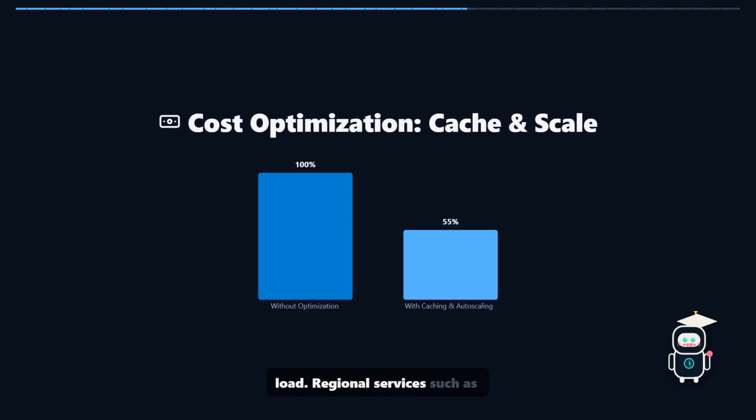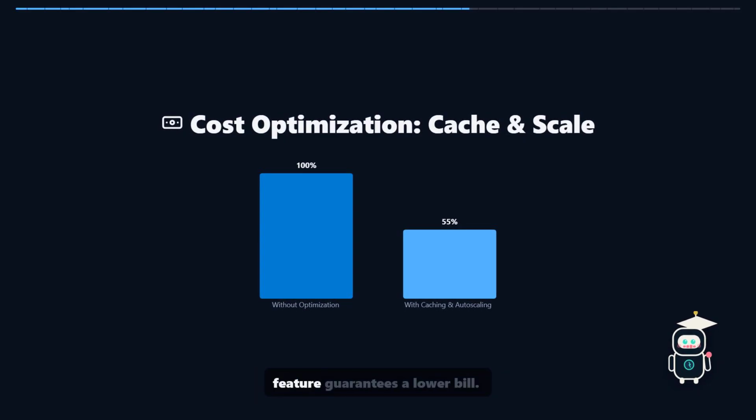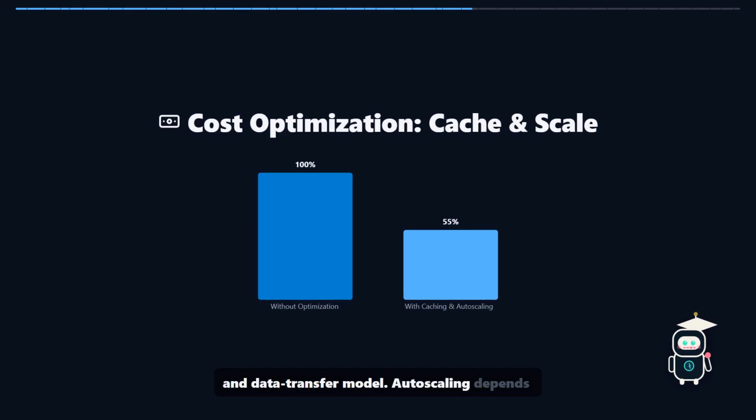Regional services, such as Application Gateway, can also use autoscaling so capacity can adjust with workload demand. But neither feature guarantees a lower bill. Caching effectiveness depends on your content, cache rules, request patterns, and data transfer model. Autoscaling depends on workload demand and minimum capacity configuration.